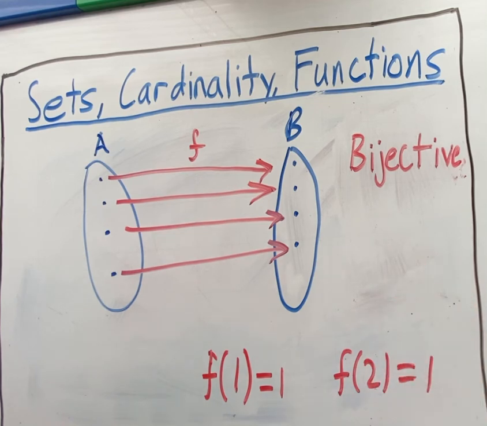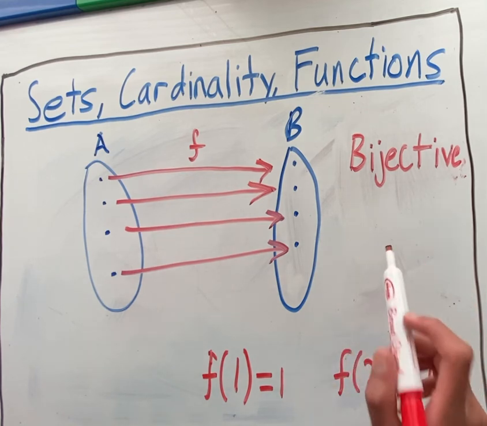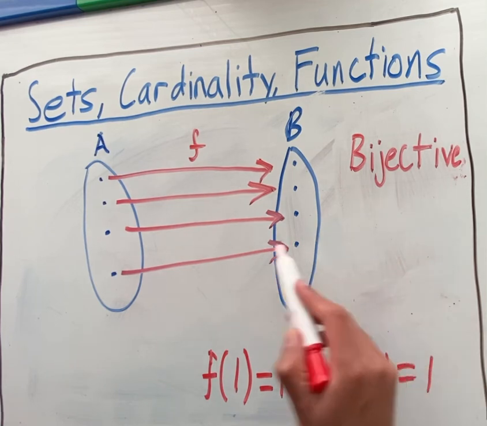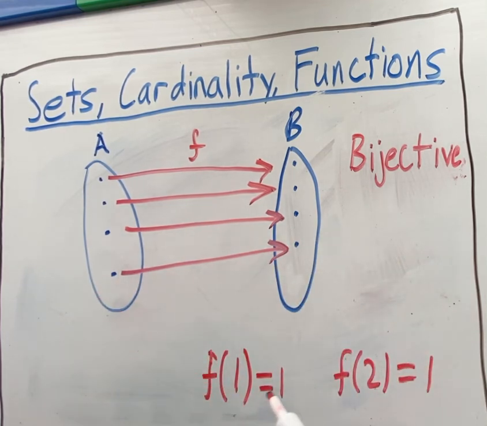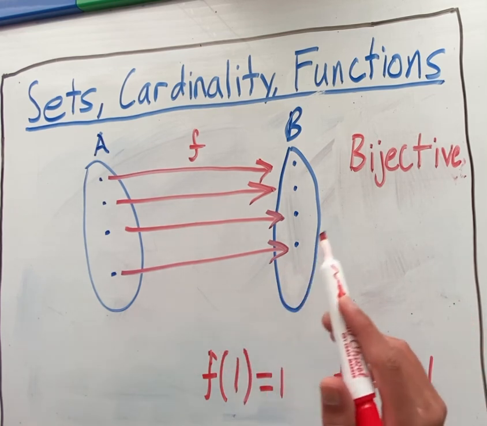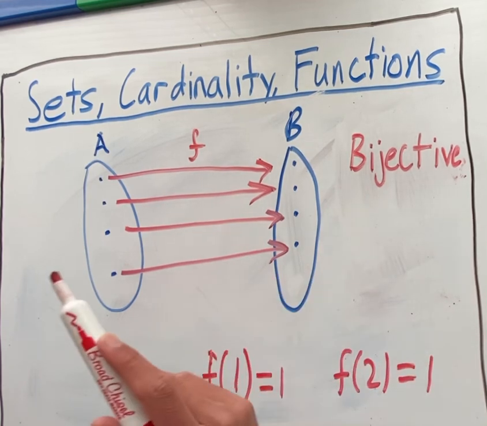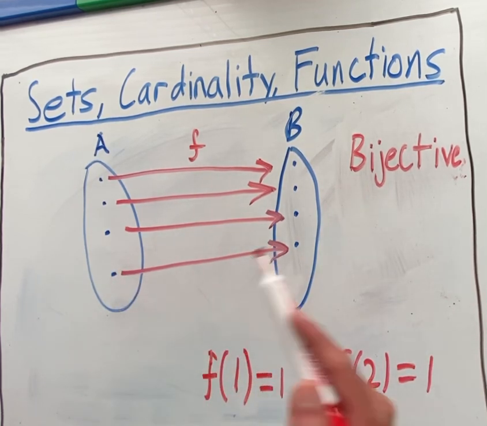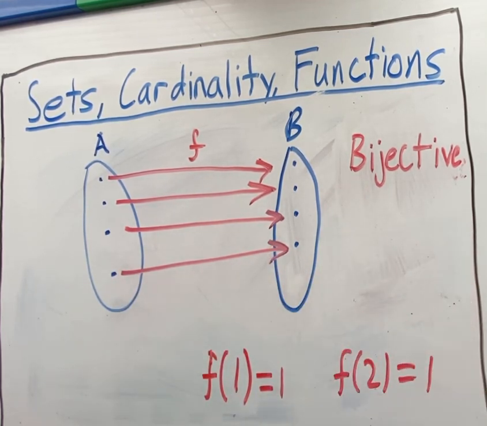And you see, to make this function bijective, we are forced to have the same number of elements in B as there are in A. And so this actually tells you how to prove that 2 sets have the same cardinality. If there exists a bijective function between set A and set B, then the cardinalities of A and B are the same.